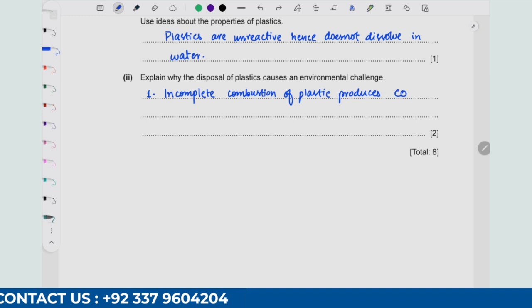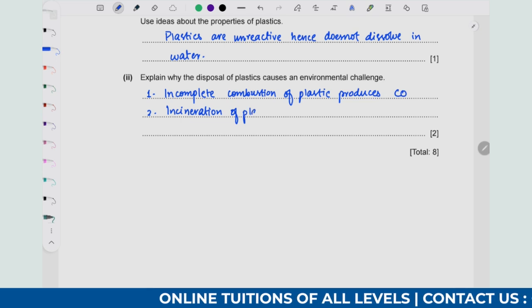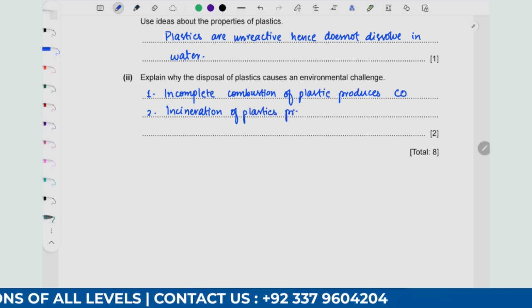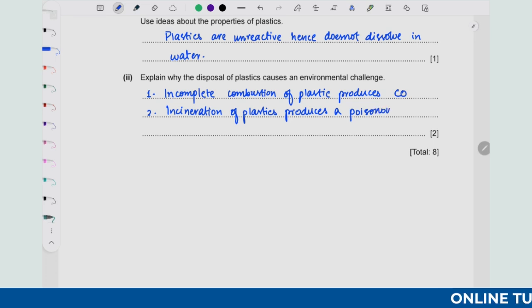Secondly, burning or incineration of plastics produces a poisonous gas.